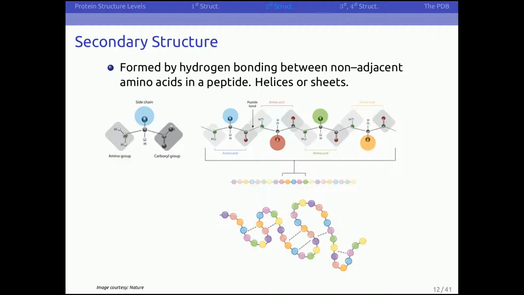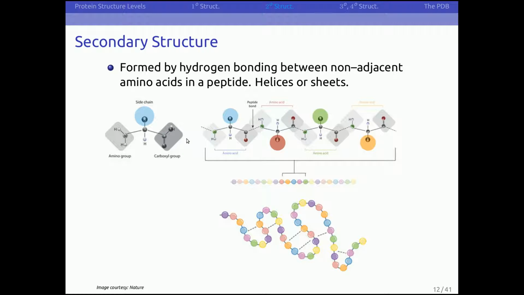So here we have another image. As I said, we have a lot of pictures today. This figure was taken from a Nature educational section of their website, which I highly recommend, actually, if you want to brush up on various topics. But in this case, here is an amino acid. It has the amino group and the carboxyl group, and the side chain is the R over here.